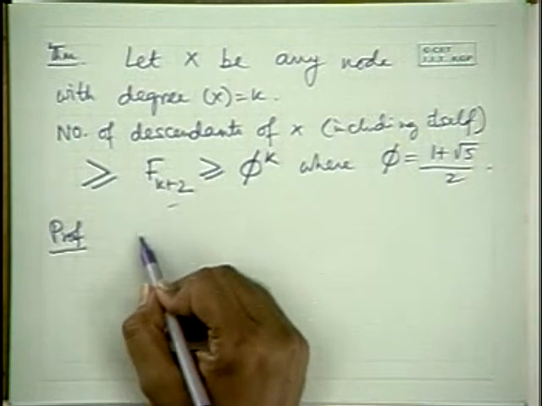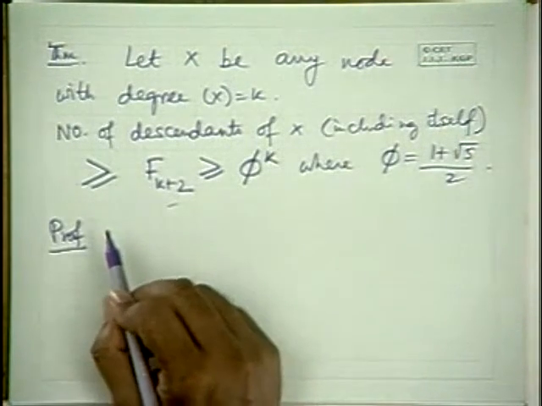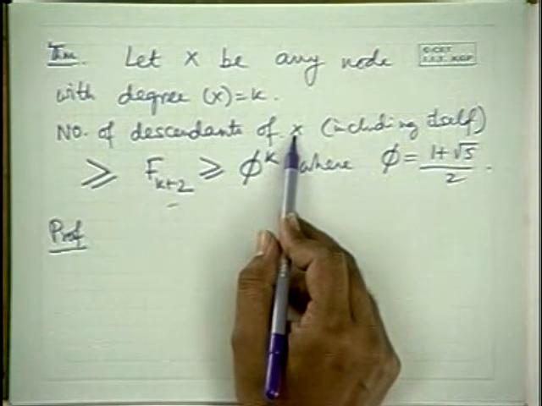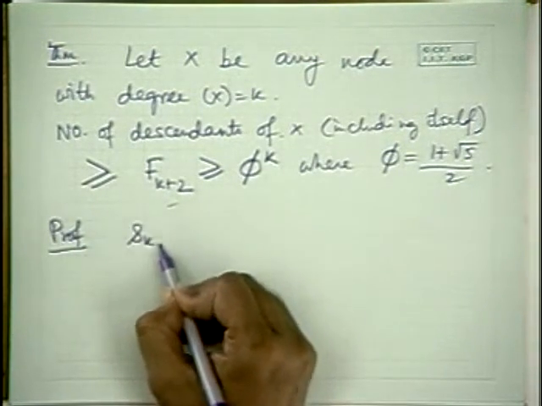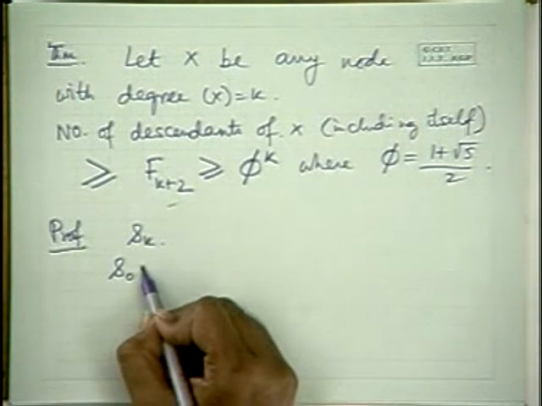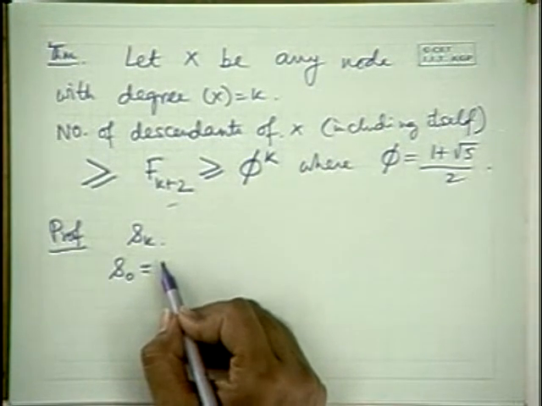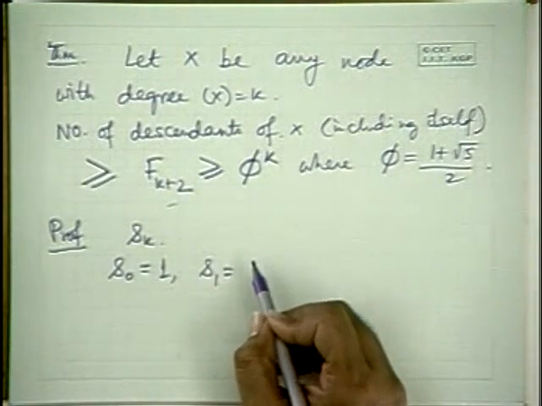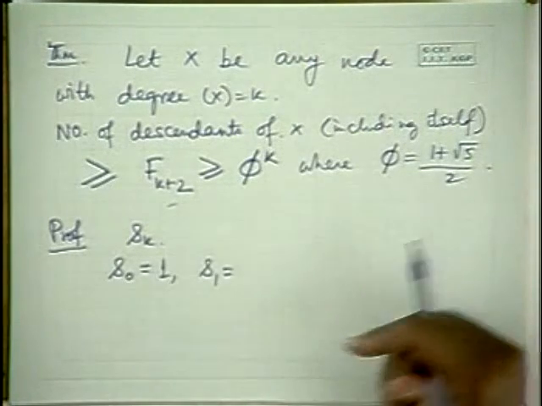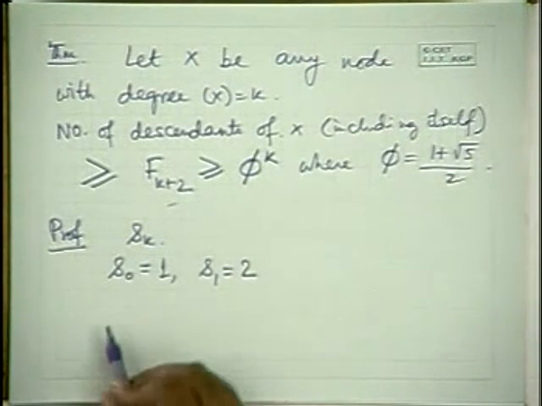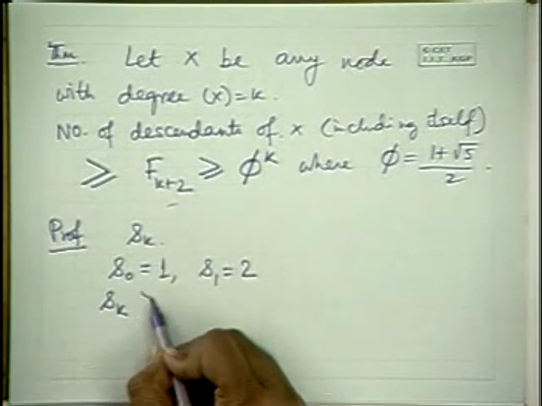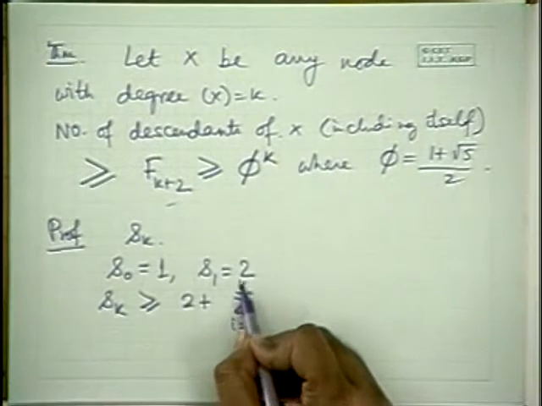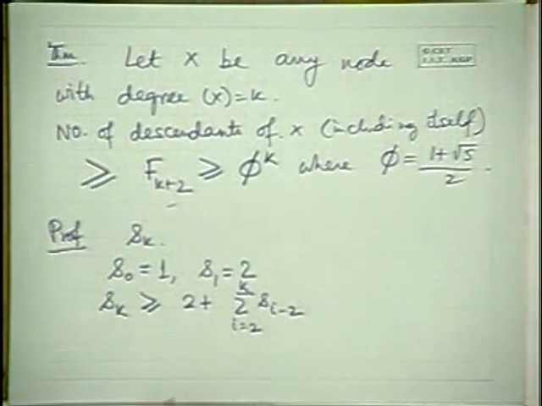Proof is, suppose Sk is the total number of descendants of x whose degree is k. Now what is S of 0? Degree 0, that is 1. S of 1, the node with degree 1, has one child and itself, that is 2. Now I am claiming Sk is greater than or equal to 2 plus the sum for i equal to 2 to k of S(i minus 2).